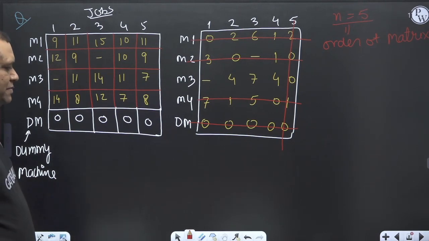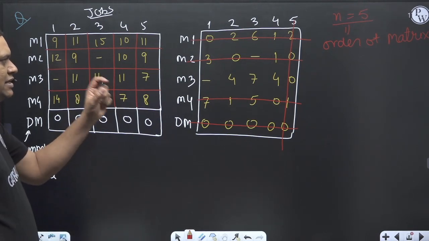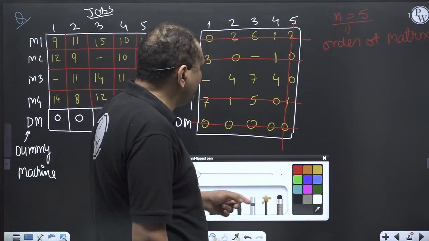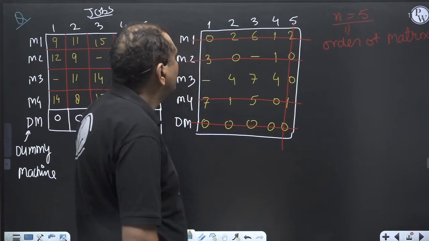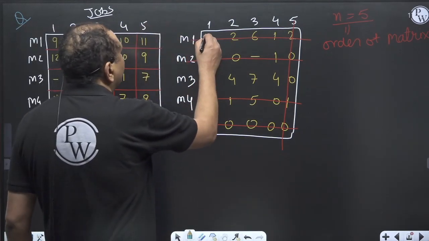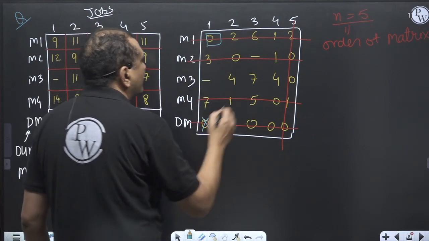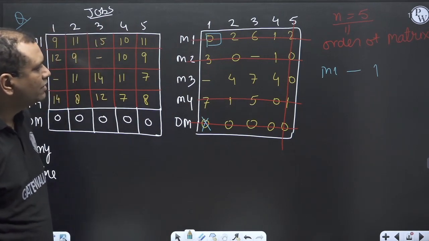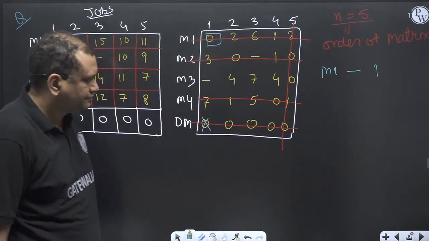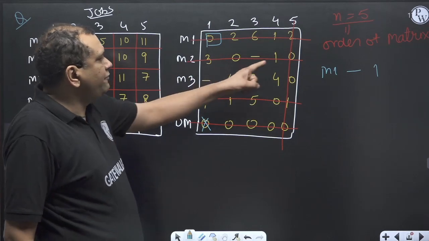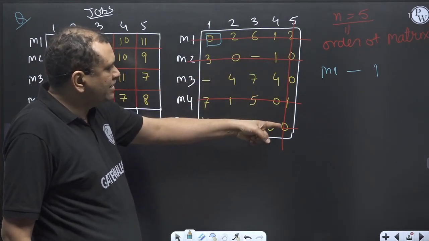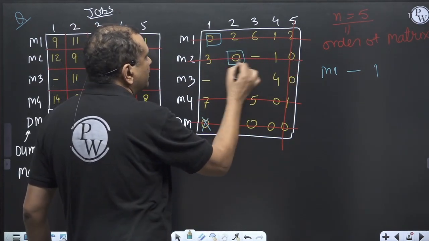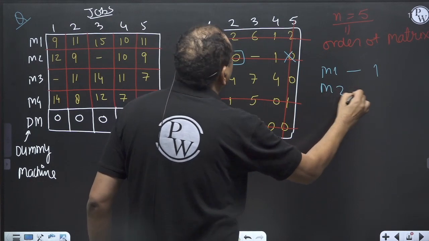So now let us make the assignment, because the number of lines is equal to the order of the matrix. M1 to job 1. M2: if I assign here, all the zeros will be cancelled and no 0 will be left for M3, so I cannot assign here. Assign here, M2 to job 2.